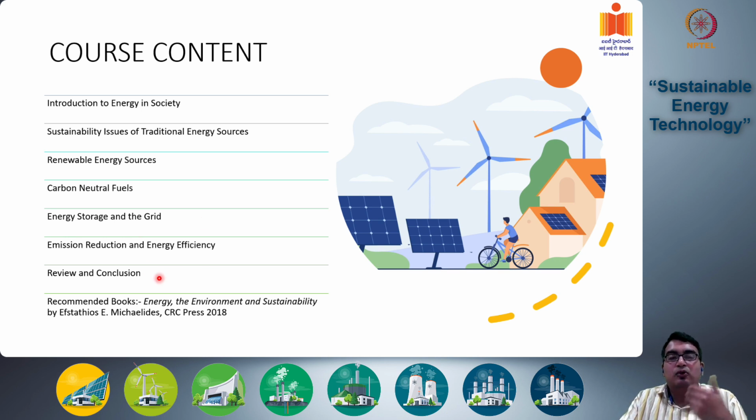Then we will look into emission reduction and energy efficiency. As we will see, it will take a significant amount of time, several decades, to phase out traditional sources of energy.